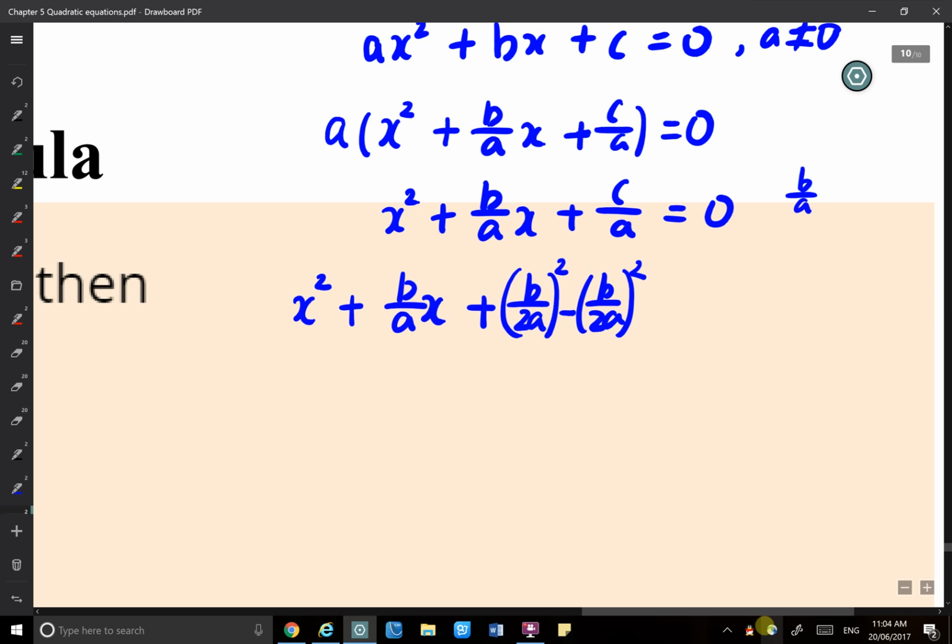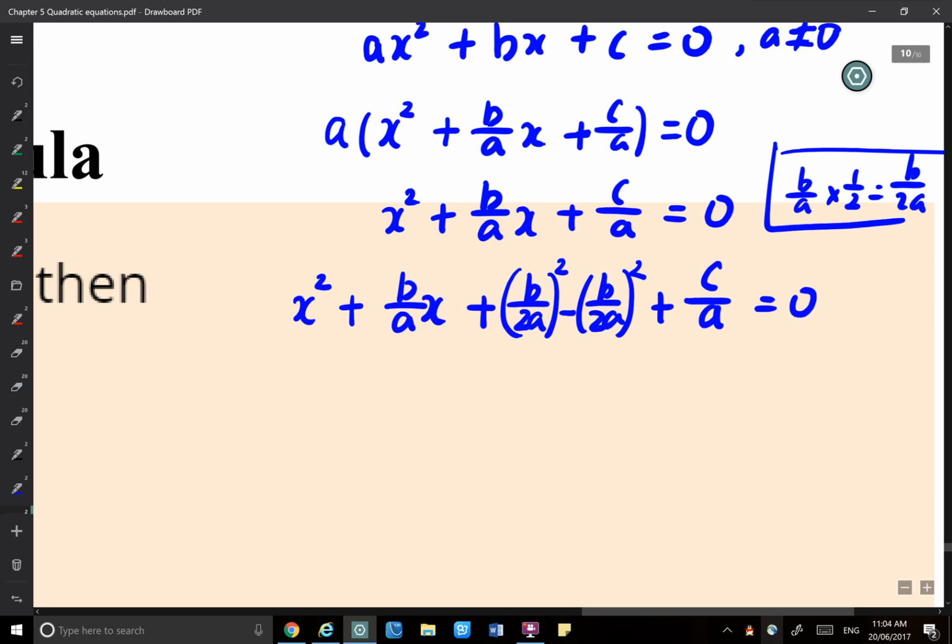B over a times a half, that's b over 2a. And then I will add c over a equals 0. The first 3 terms, and the last 2 terms, we have that sign and the number.